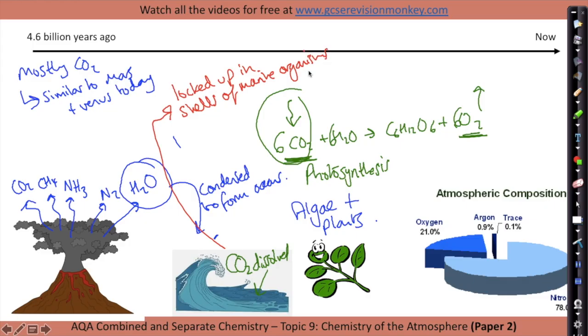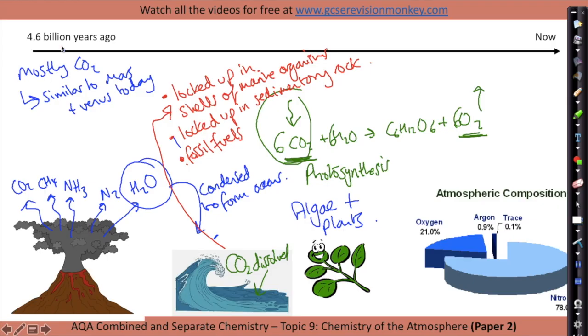So marine organisms that had calcium carbonate shells, for example, used that carbon dioxide and it was locked up. It's locked up in sedimentary rock. And it became locked up eventually, after several millions of years, in fossil fuels because of the fact that it was locked up in those carbonate shells of the marine organisms.